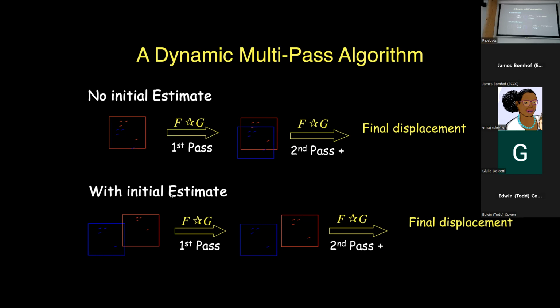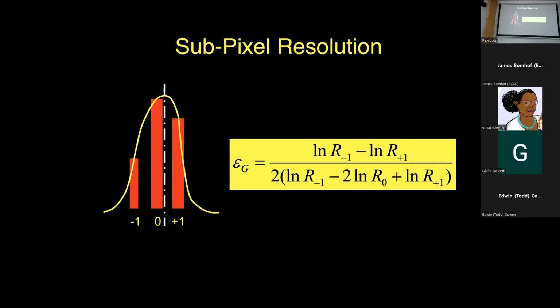If we have an initial estimate, like many of us do in surface PIV, we know the river's running left to right in the image or in some direction. We have a boundary layer perhaps, and so we know with some accuracy what that initial displacement is. We can start with that initial displacement and continue down the same road. So this leads us to the subpixel resolution.